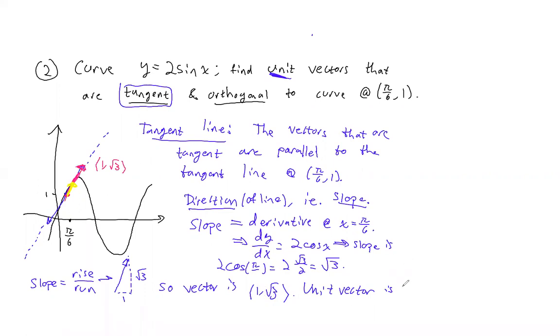Square root of that is 2. So the unit vector is 1/2 times 1 comma root 3. Strictly speaking, we need a plus and minus in front of there, because you could be going in the backwards direction also. So we've got 2 different tangent unit vectors, one going forward and one going backward along that curve.